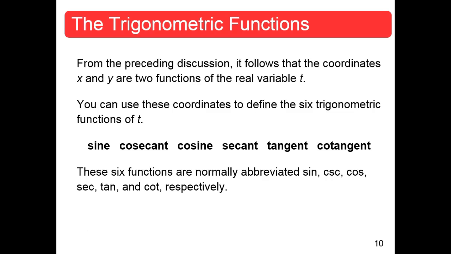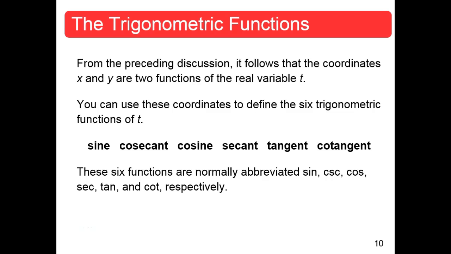Now, there are times when I wonder why they even introduced the real variable t. Why don't you leave it theta? Because we just saw it's the same value there. And when I think of taking a trig function, I think of taking it of the angle theta rather than just some nebulous real value t.